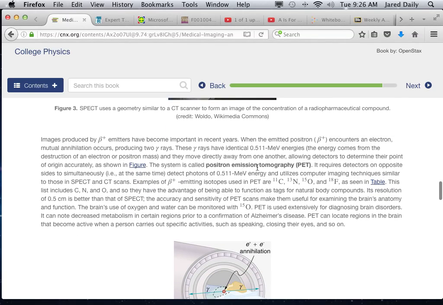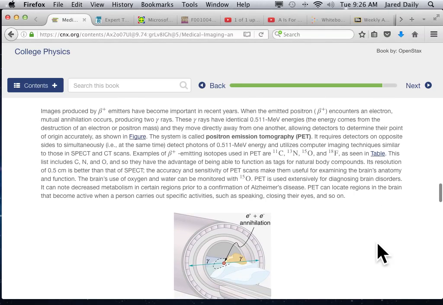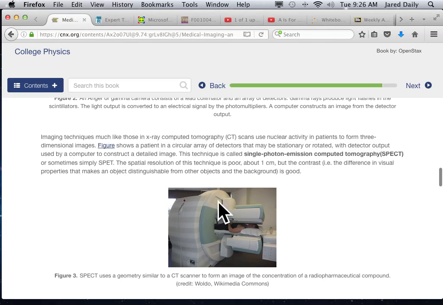Anytime you see the word tomography in medical situations, you can almost guarantee that they're rotating some imaging equipment around the body, taking pictures from different angles, and then using a computer to put all those things together. So CAT scan is a tomography, SPECT is a tomography.